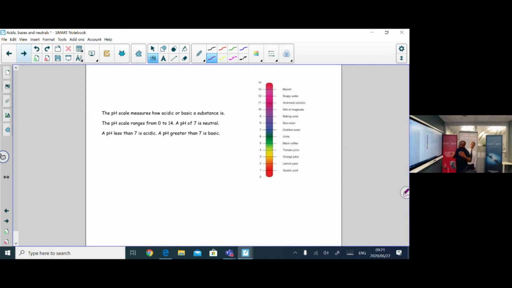A pH scale helps us measure whether a substance is an acid or a base. A pH scale measures how acidic or basic a substance is. Sorry if I use the term alkaline; I'll still be referring to the basic nature. But let's restrict ourselves to how acidic or how basic a substance is.